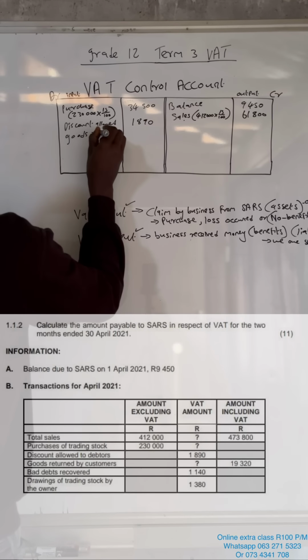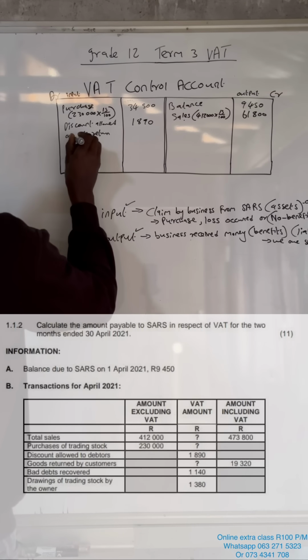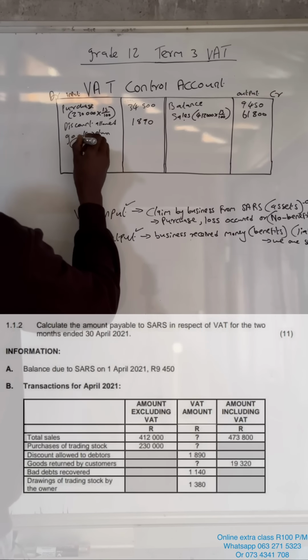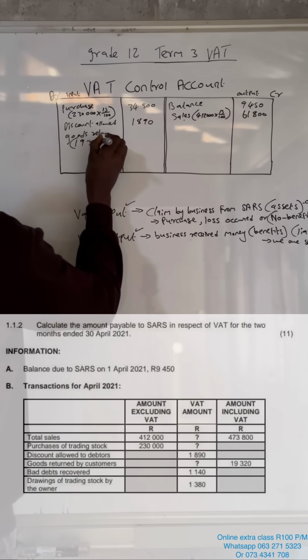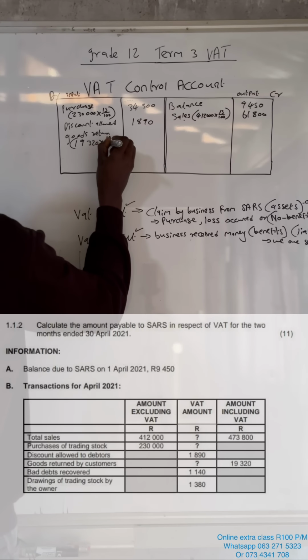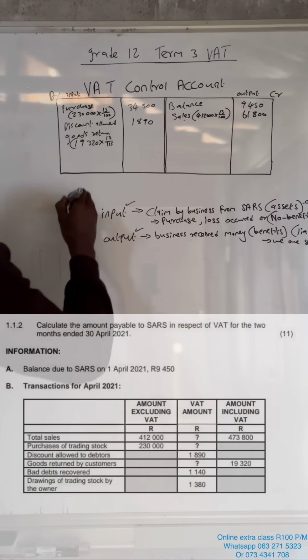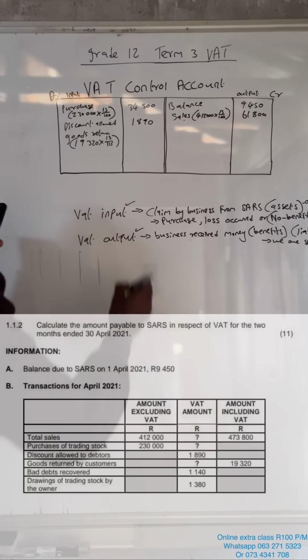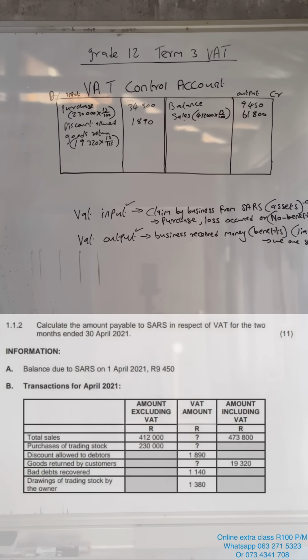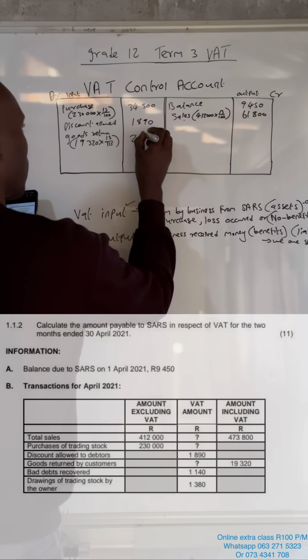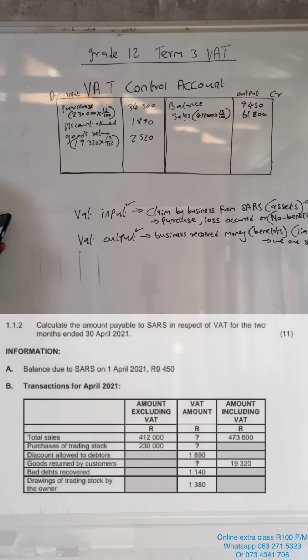The VAT amount was not given, we must calculate. They give us inclusive in this case, which means that we must say 15 over 115, not 100 because it's inclusive. Okay, then it's gonna give us amount of 2,520.